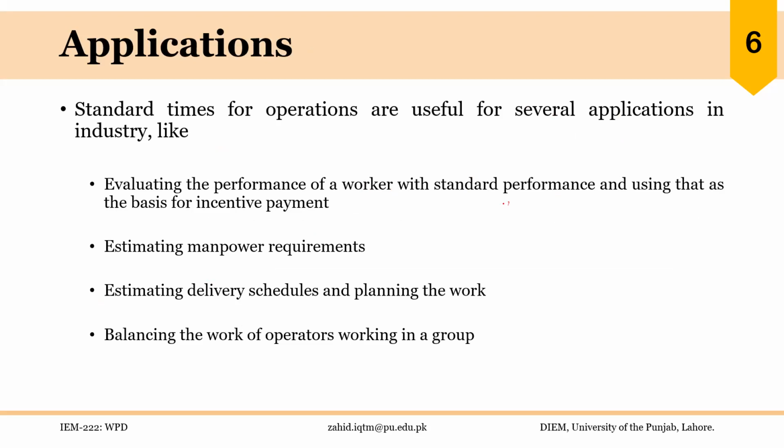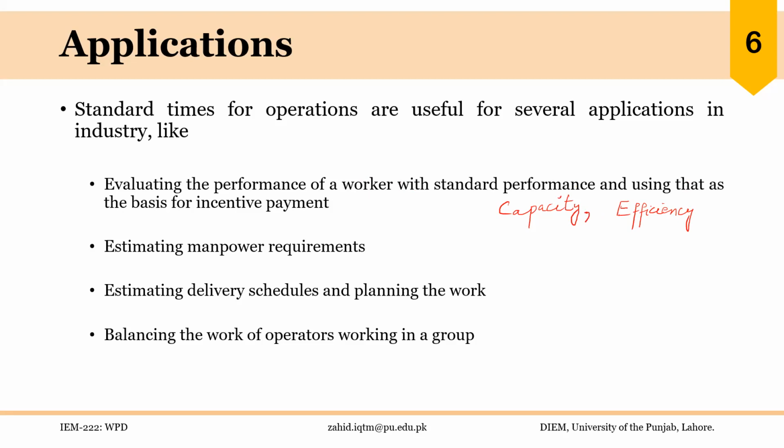You can, for example, calculate the capacity of the worker using standard time, and then see whether the worker is producing according to the capacity or not. And of course, there are different measures to compare the performance of the worker. One of them is efficiency. So efficiency has a direct use of standard time. So you can set standards and then compare the performance of the worker against those standards.